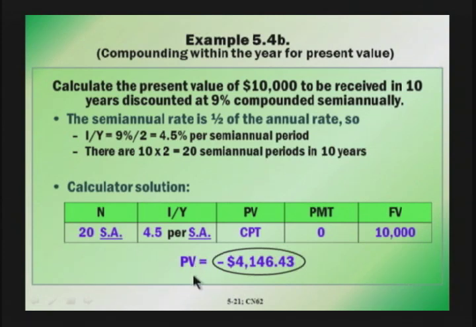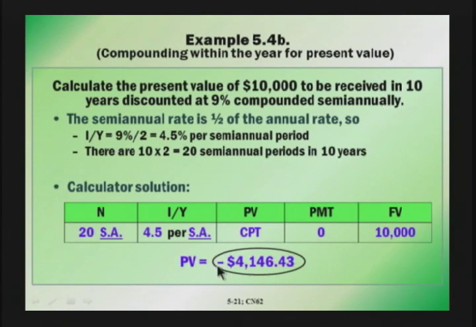Calculate the present value, and you should have a minus sign in front of it, because if you want to receive this $10,000 in the future, the minus sign means you would have to invest this amount at the present. So the positive future value is cash you'll receive in the future.